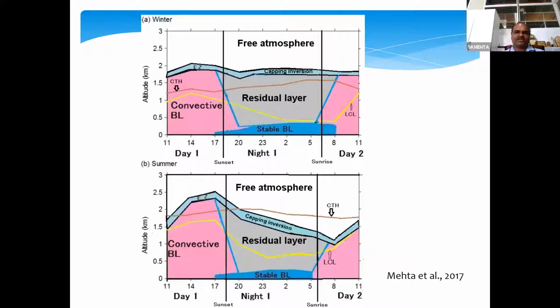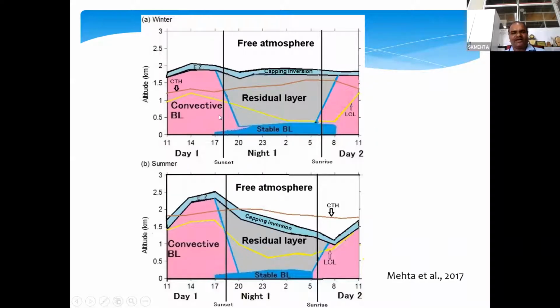I show here first, because we are located at a coastal station, a schematic diagram over land. This is taken from NARL Gadanki, where I worked on a paper. It shows the diurnal variability of the ABL during the winter season and the summer season. During the morning there will be the stable boundary layer, then during daytime the convective boundary layer, and then again at night the stable boundary layer.